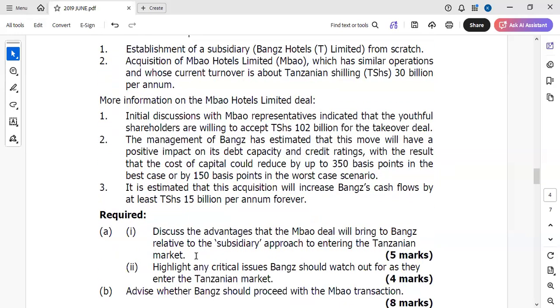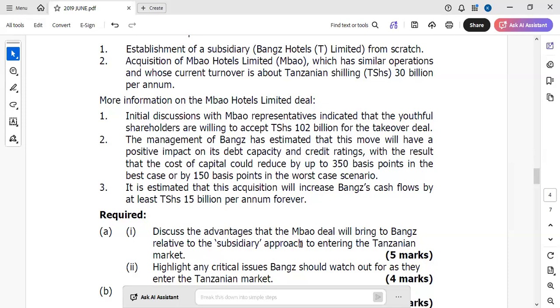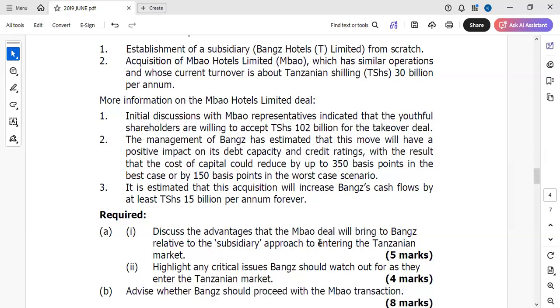So now, the examiner is telling you to discuss the advantages that you, as an entity Mbayo, your deal will bring to Baganzi relative to the subsidiary approach to entering the Tanzanian market.